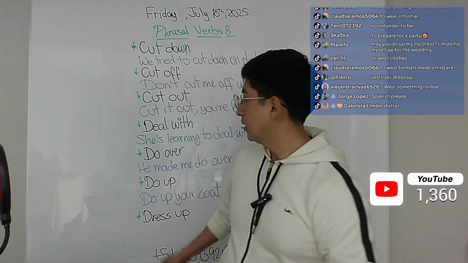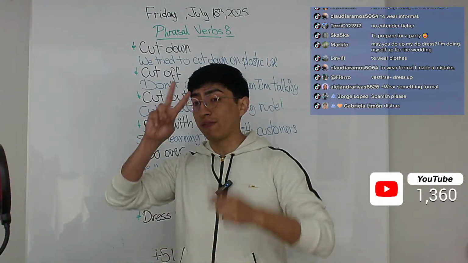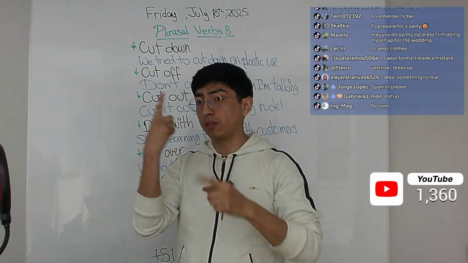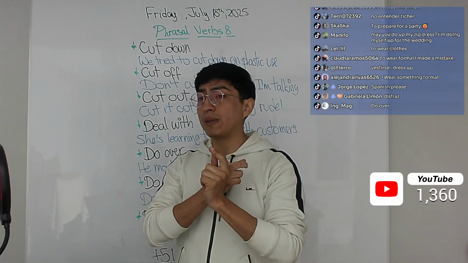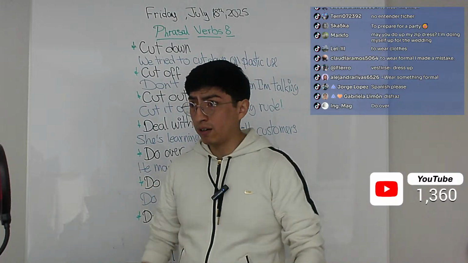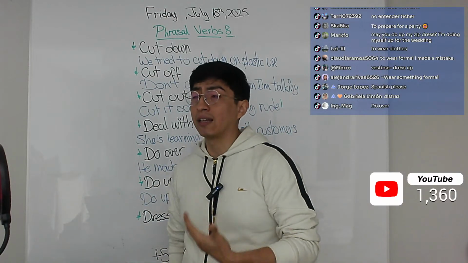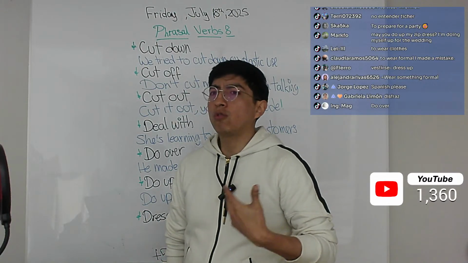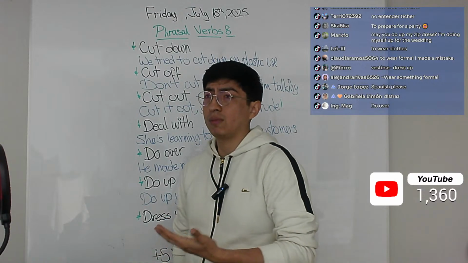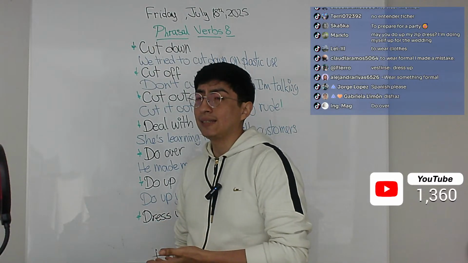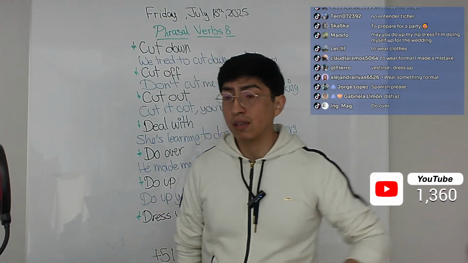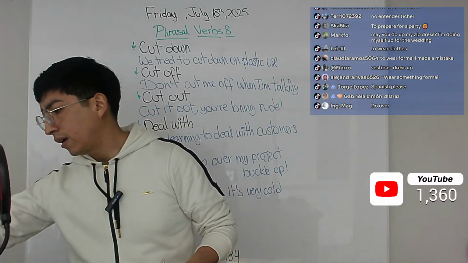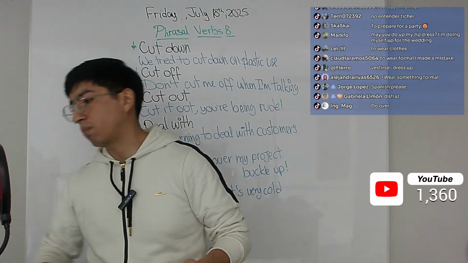I made a mistake. Okay, in the case of dress up, we have two possibilities. Possibility number one: dress up means to wear formal or elegant clothes, or dress for the occasion. Maybe if you have a wedding or an important meeting, you can say, we need to dress up because this is a very important place.